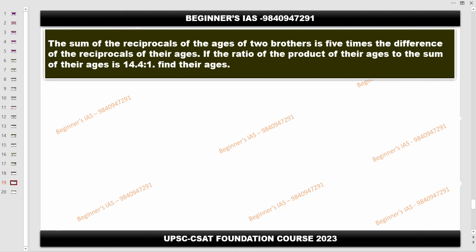Form an equation. If the ratio of the product of their ages to the sum is 14.4 by 1, find the ages. Read the question. The question looks not difficult. Read it, surely you will get the answer.